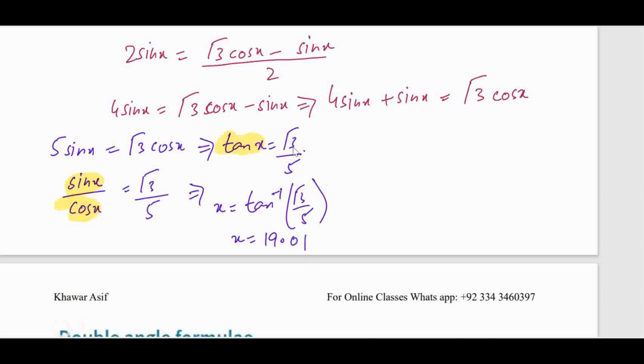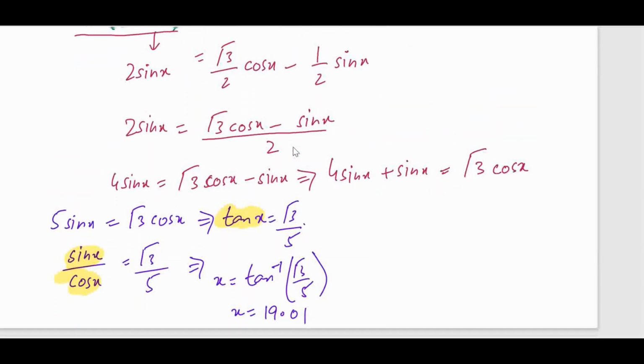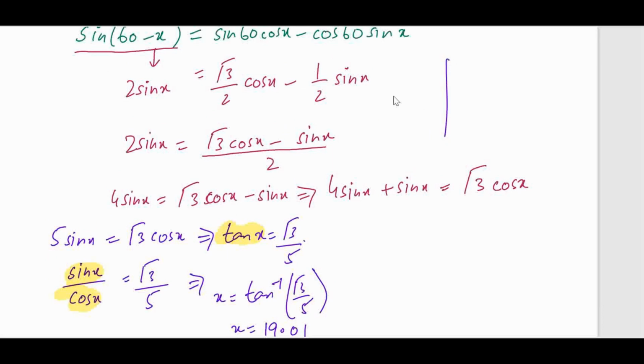Now again we have to use the CAST process. Here tan is positive, and tan is positive in two quadrants. One is this one, the other one is this one. Here this angle is 19.01, and this angle is also 19.01.